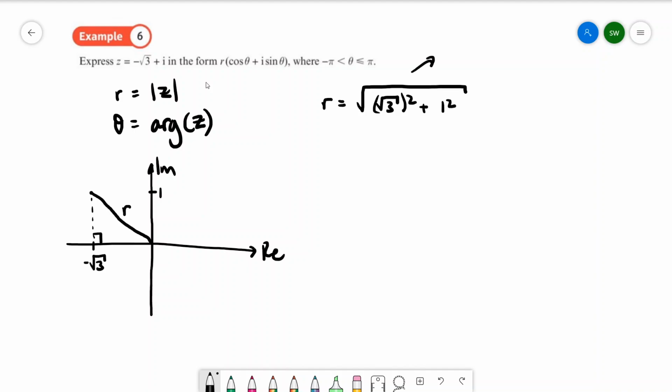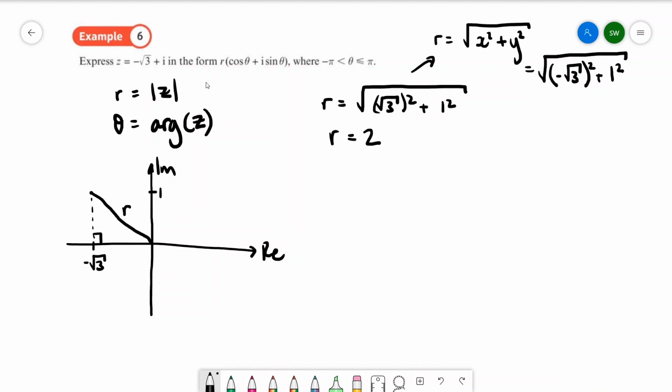You could also use the formula for r, which we looked at in the last video, which is r is equal to the square root of x squared plus y squared, where x is the real part and y is the imaginary part. So if you use that formula, the real part is minus root 3 and the imaginary part is 1. Okay, so you get r is equal to 2 in this case.